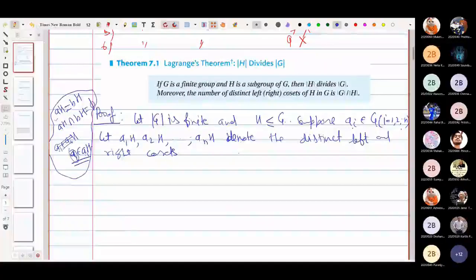Fine. So our assumption is that they are distinct left cosets. I think left cosets. Let us not write right cosets. Distinct left or right cosets, if you are considering right cosets. Okay.